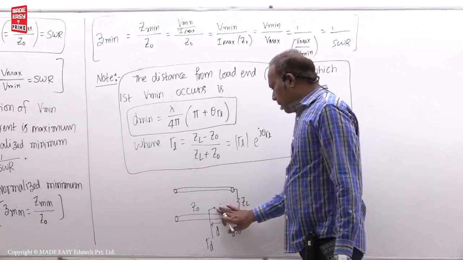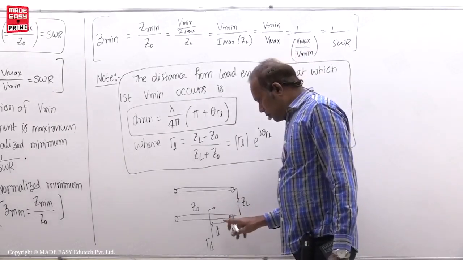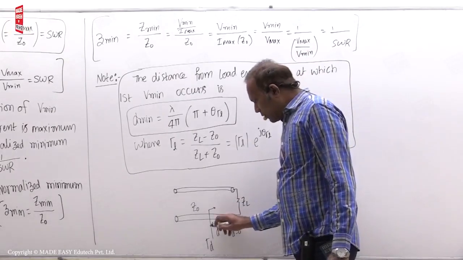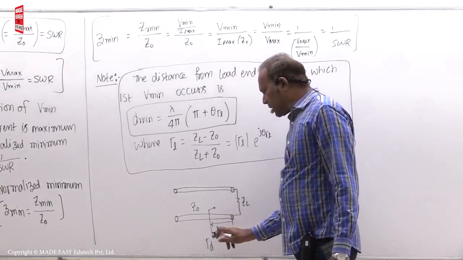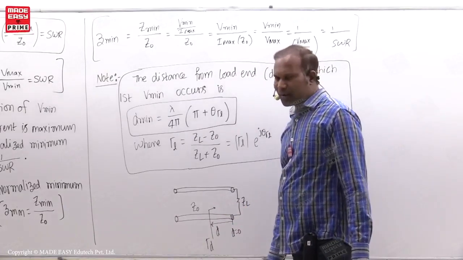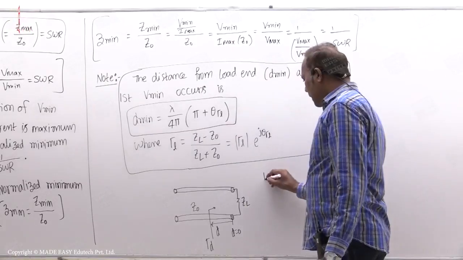Okay. So now the reflection coefficient at distance d from the load end is gamma d. That already you know. The formula also you know. Can you tell me what is the formula?